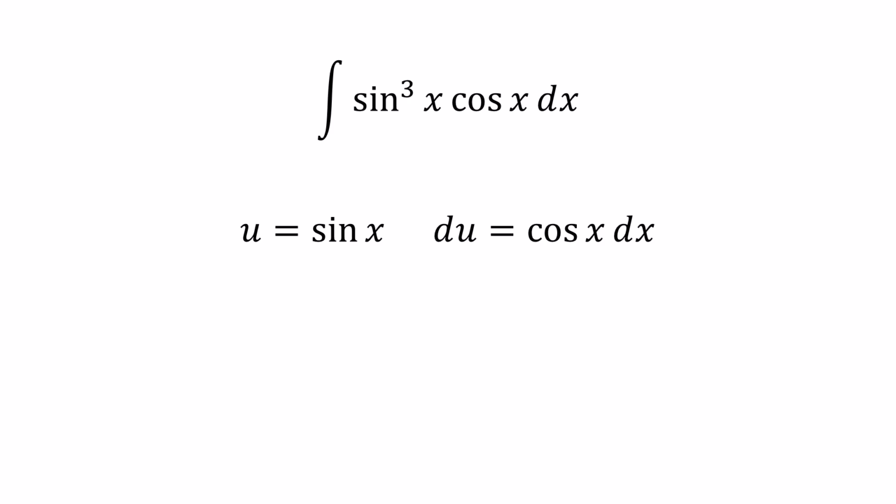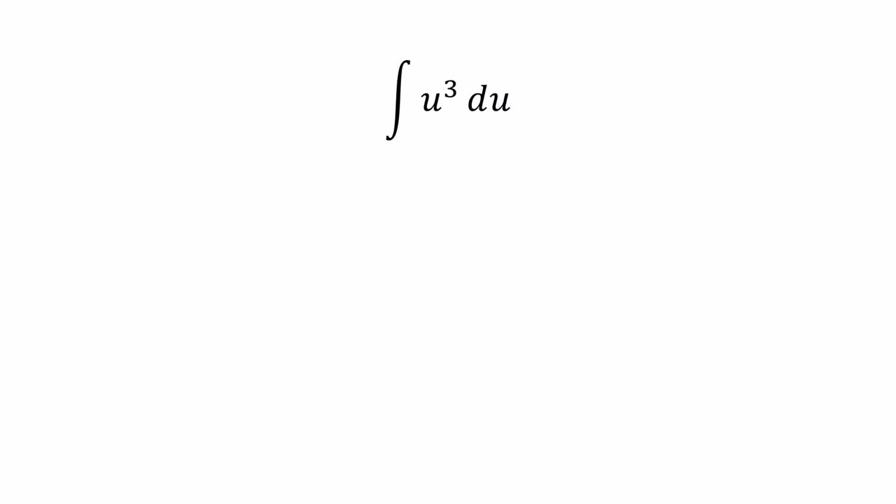Substituting into the integral, we obtain the integral of u cubed du. Integrating then gives 1/4 u to the 4th plus c. Back substituting, we arrive at a final answer of 1/4 sine to the 4th of x plus c.